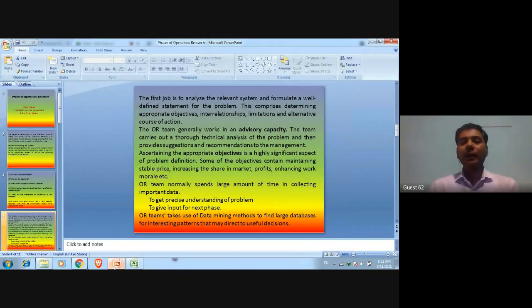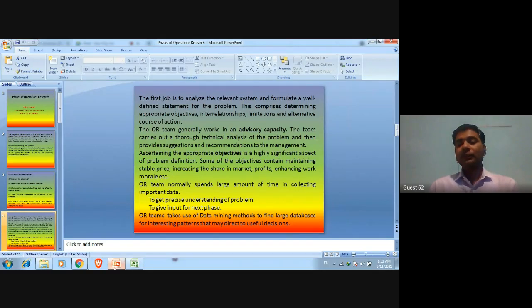Also, suppose your father has given you 500 rupees and said, go to the market and buy some vegetables. Now, if you don't know the actual price of vegetables, or where the market is, or which type of vegetables you have to purchase, then you cannot use that 500 rupees properly.